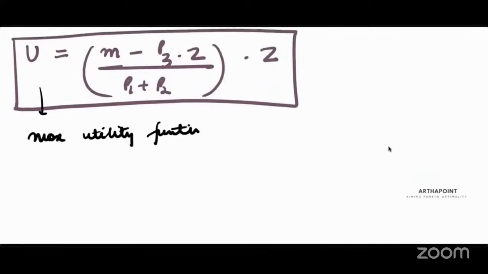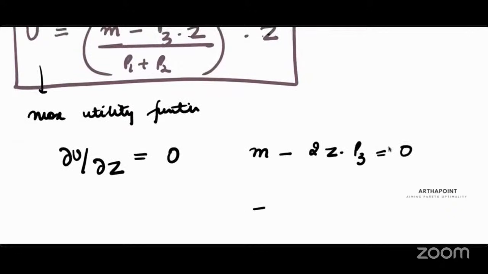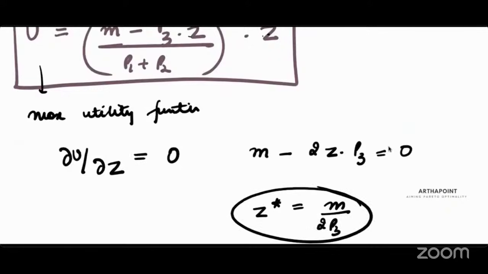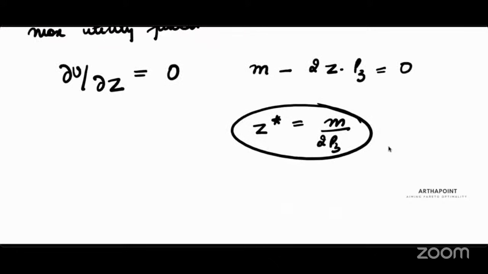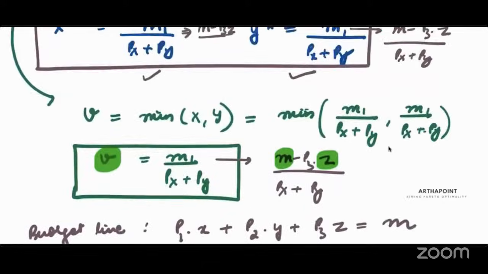So when you maximize this utility function with respect to Z, how utility changes when Z changes, equate it to 0, you will get M minus, this will become Z square. So its differentiation will be 2Z into P3 equal to 0. So from here you will get Z star is equal to M by 2P3. You've got your Z star. What was X star? X star was this.